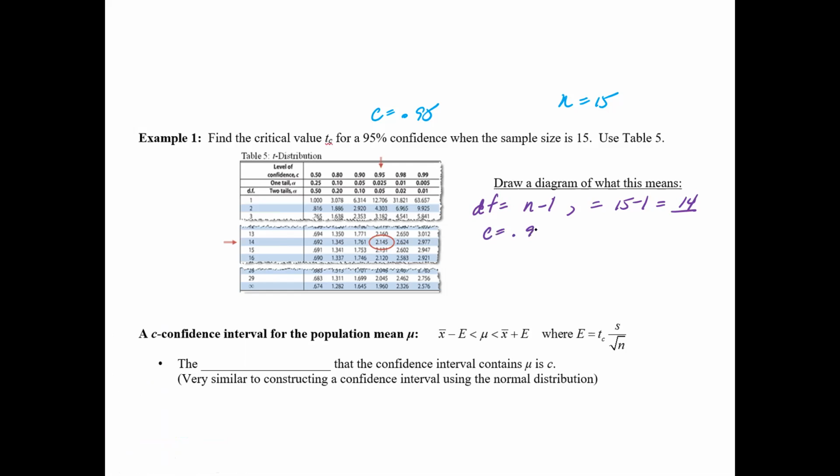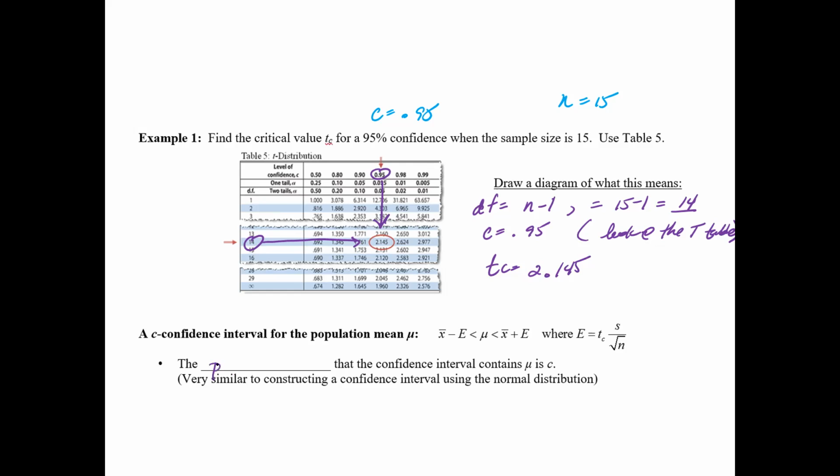Your confidence level is 95%, and you're going to use this to look at the t-table. And if you take a look at this, here is 95%. Here is your degree of freedom, which is 14. And what you have here is going to be your TC value, and that's 2.145.